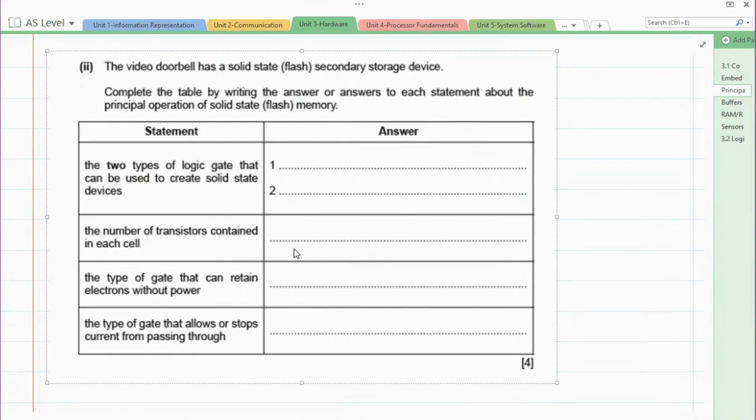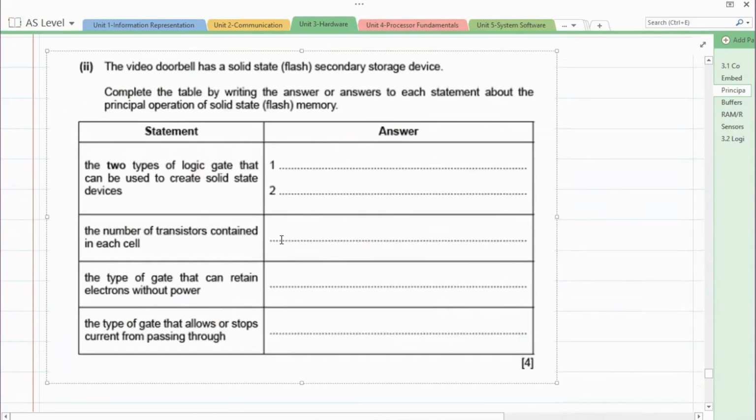Complete the table by writing the answer or answers to each statement about the principal operation of solid state or flash memory. The statements are: the two types of logic gate that can be used to create solid state devices; the number of transistors contained in each cell; the type of gate that can retain electrons without power; and the type of gate that allows or stops current from passing through.